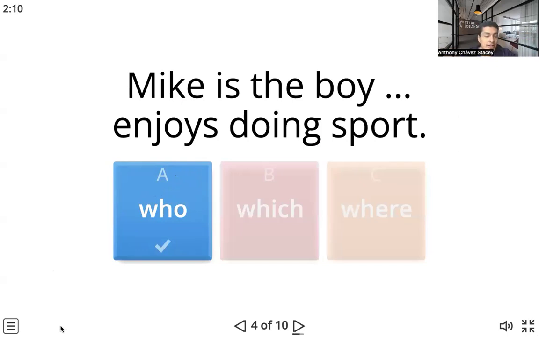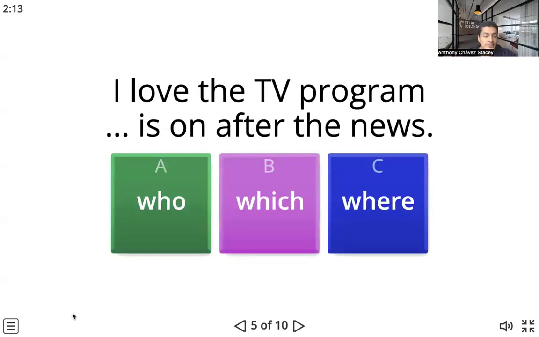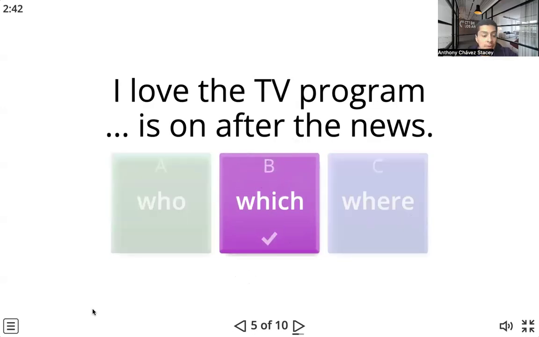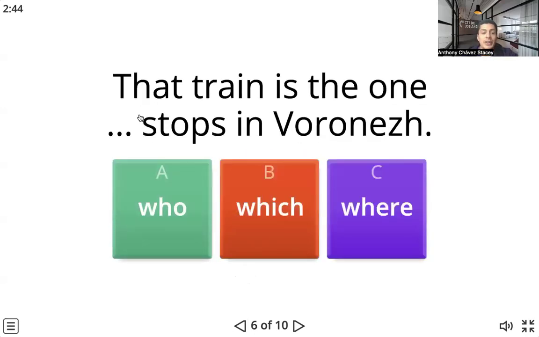Perfect. Pretty good. Let's keep going with Karen. I love the TV program which comes after the news. Which? Okay, let's see. Yeah, perfect. So we have which. It's a TV program. Great job. Mayerly, the next one, number 6.